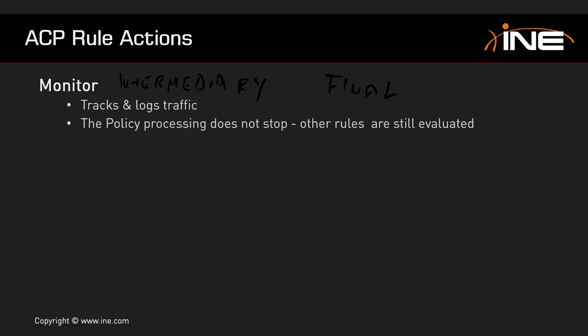So the monitor action is going to be deemed as intermediary because it doesn't stop the other engines from evaluating the packet. Versus when you use any other action, where all of them are deemed to be final, it means that the evaluation is going to stop once the packet matches a rule configured with such an action.